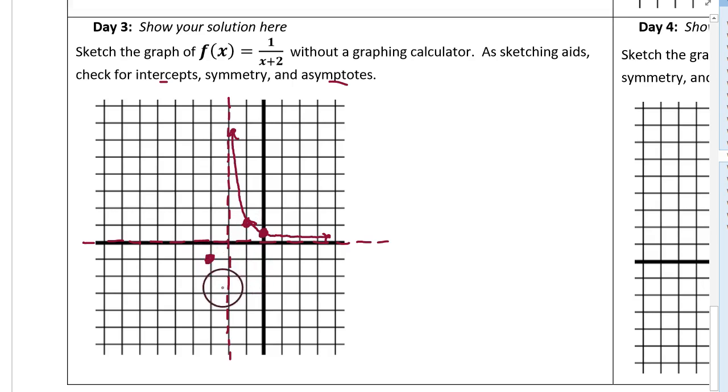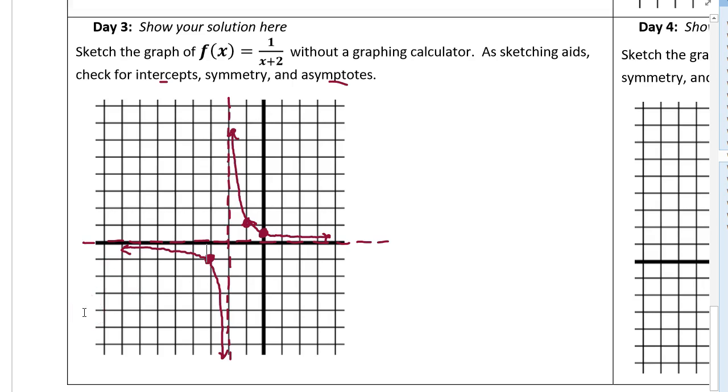Just with that one dot, I bet that the branch is going to go along the asymptote and then curve through that dot and swing down here along the other asymptote. There's what I think the graph looks like. And I found that by using asymptotes, intercepts, and also choosing a couple other numbers to plug in for x.